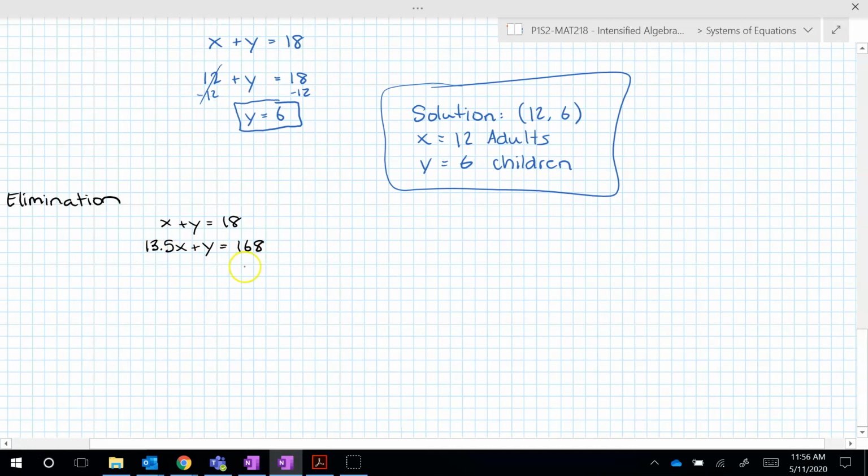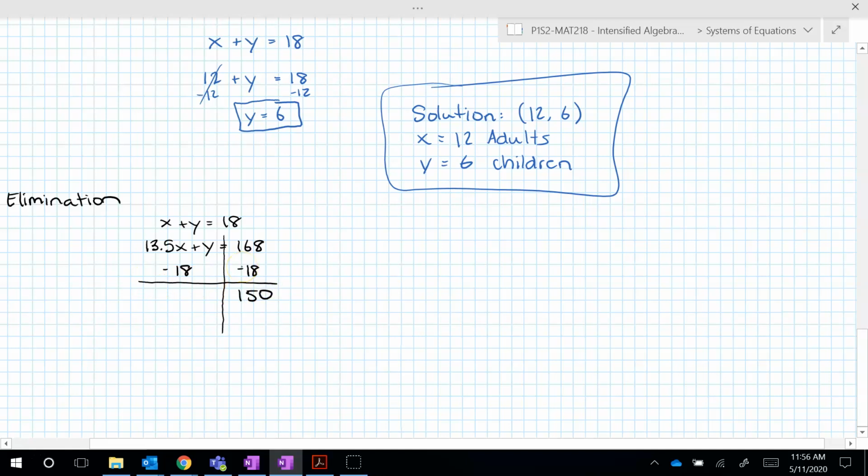What I'm going to do is take this equation and subtract 18 from both sides. If I subtract 18 from the right side and subtract 18 from the left side, I know that this equation is going to stay true. It doesn't seem very helpful though. I'm subtracting 18 here, that's going to be 150, and if I subtract 18 over here, I'm just going to get this kind of complicated thing.